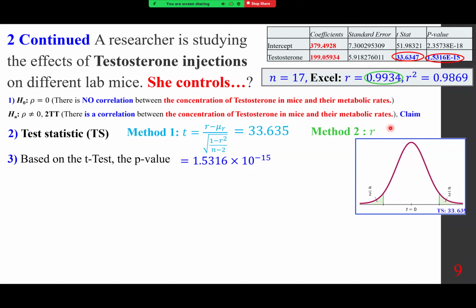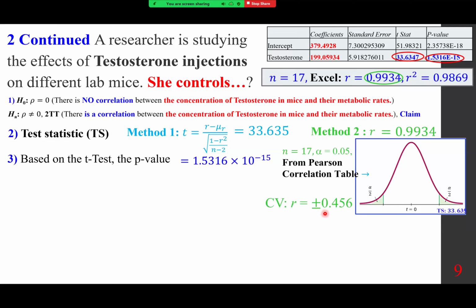As far as method 2 or R is concerned, we choose the R and it's done for us. It's this value, 0.9934. The number of data N was 17, and from the Pearson correlation table, N is 17, alpha is 0.05.